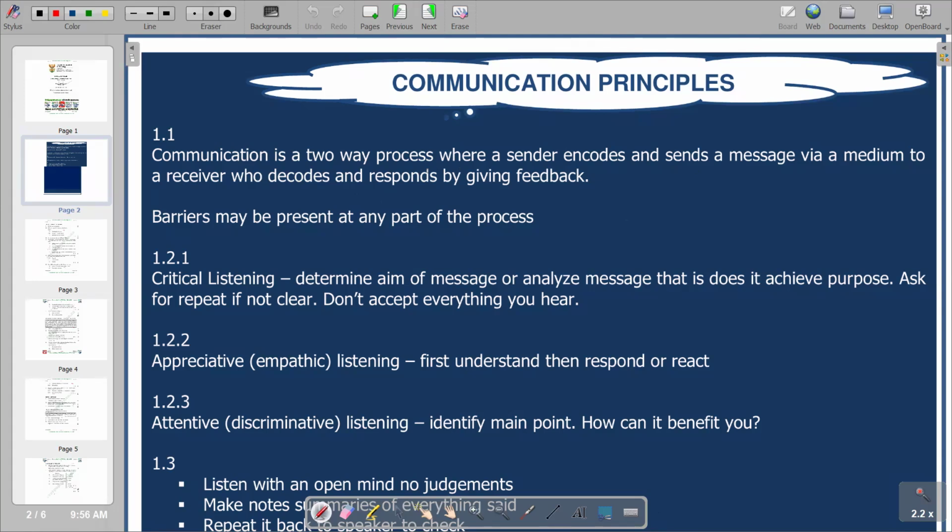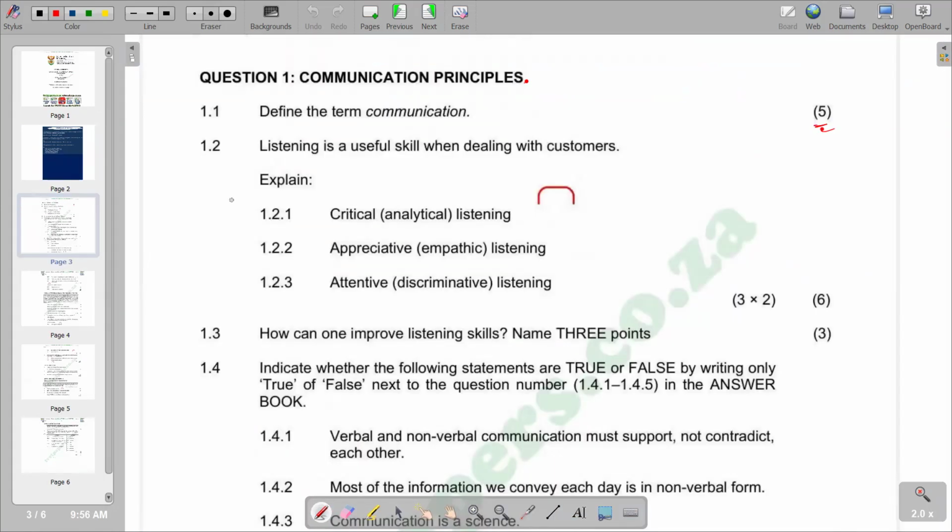So moving on to the next part of our question, which is 1.2. Listening is a useful skill when dealing with customers. Explain critical (analytical) listening. So we need to understand what critical listening is.